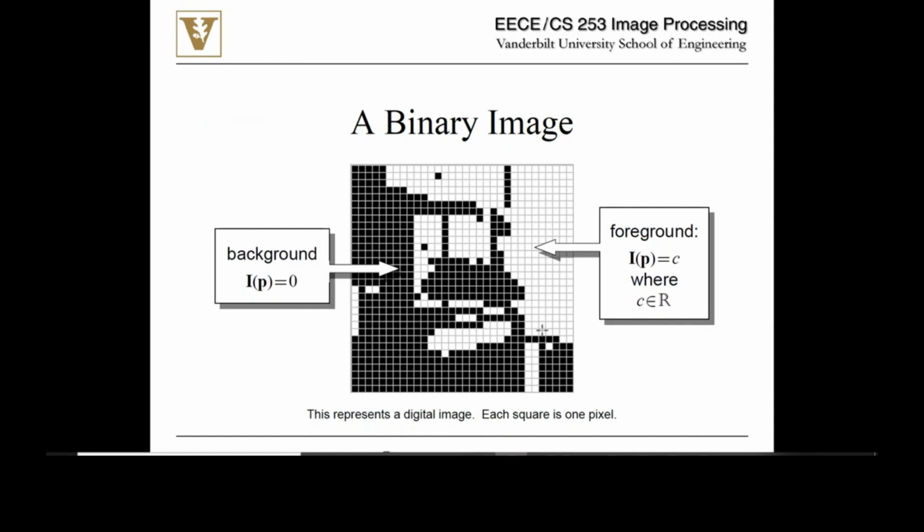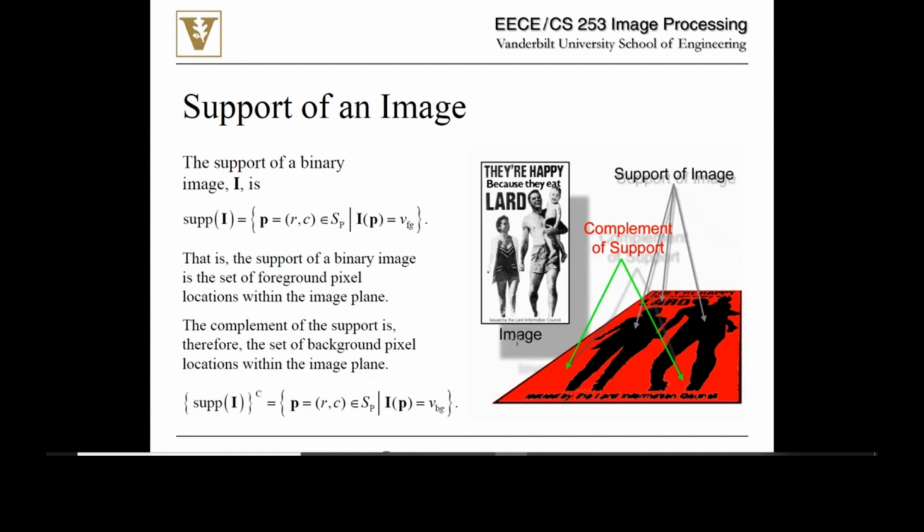So here you have an example. Let's say that we have this binary image. It is 255 here, it is 0 here. The background is the set of all pixels that are black, and the foreground, the set of all pixels that are white. So those are sets. That is the important message so far.